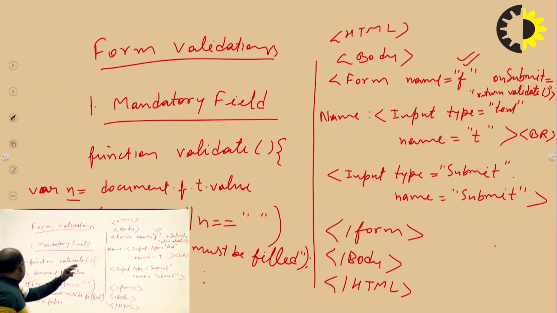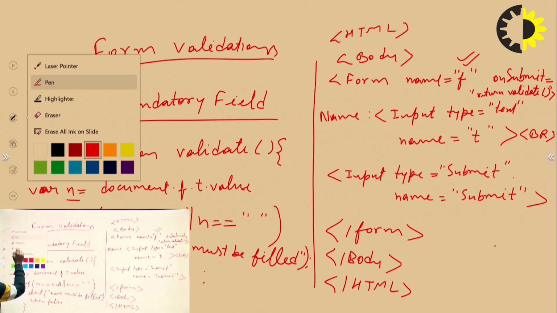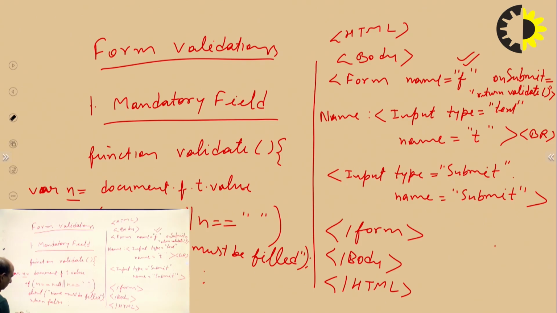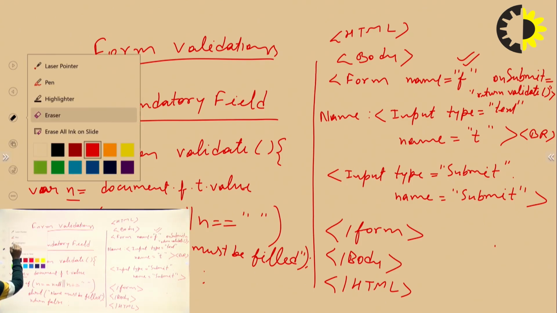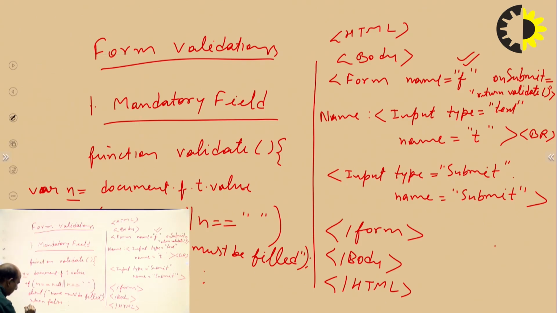And if it is correct, then it will not return false. You can write over here else return true, before closing this function.